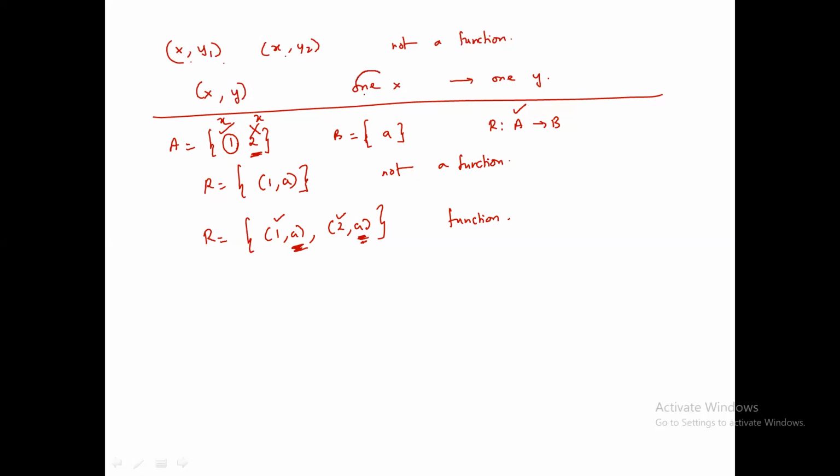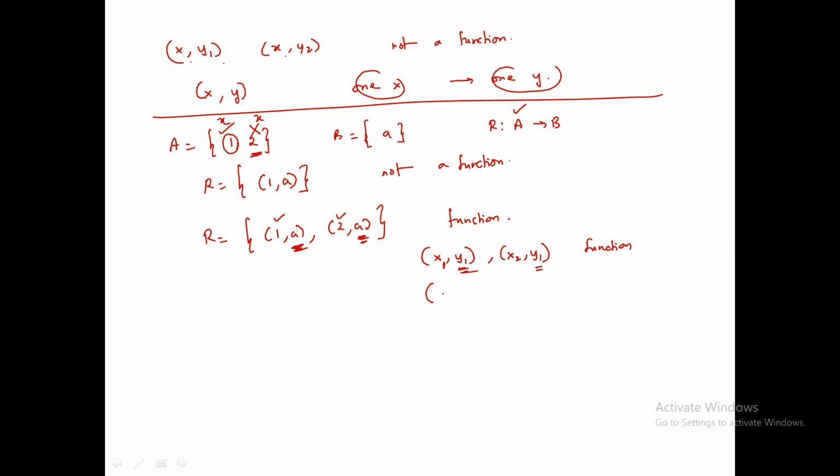I said 1 x to 1 y. That means x should not repeat, y can repeat. Like if you have (x1, y1) and (x2, y1), then it will be a function. I said y's can repeat.